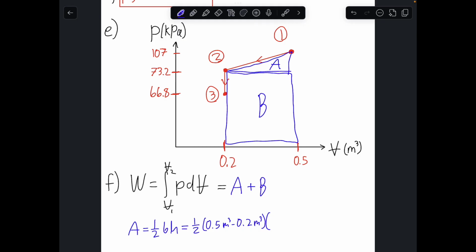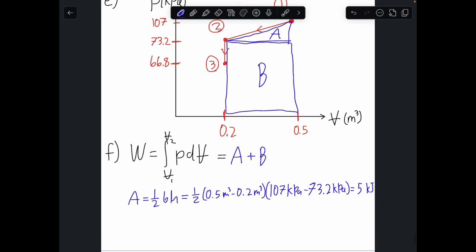And then our height is going to be this length right here, which is just the difference in pressure from state 1 to state 2. So I will write 107 kPa minus 73.2 kPa. And this got me about 5 kilojoules. And this will be in kilojoules because we're doing kilopascals. So if we instead were doing pascals, then we get our answer in just joules.